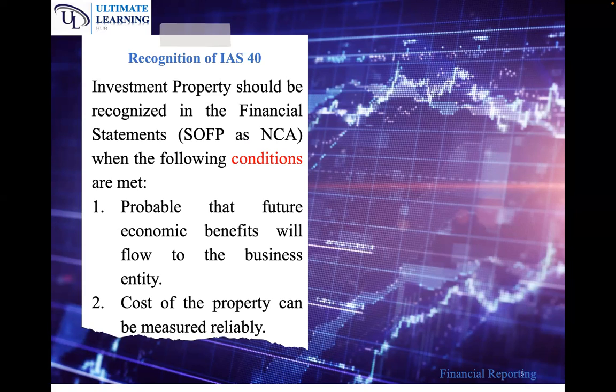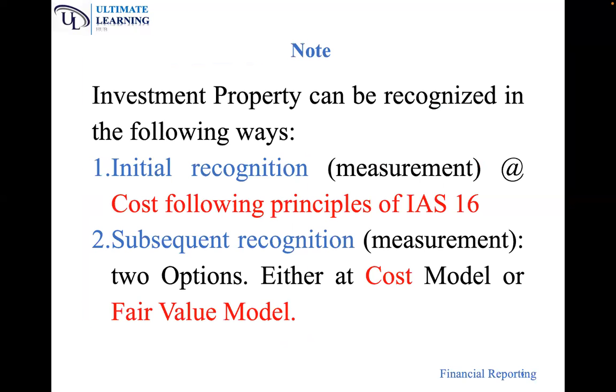Point number one, it is probable that future economic benefits will flow to the business entity. And point number two, the cost of the property can be measured reliably. So remember, these two conditions are the same as under IAS 16. Investment property is recognized when it is probable that future economic benefits will flow to the business entity, and number two, when the cost can be measured reliably.